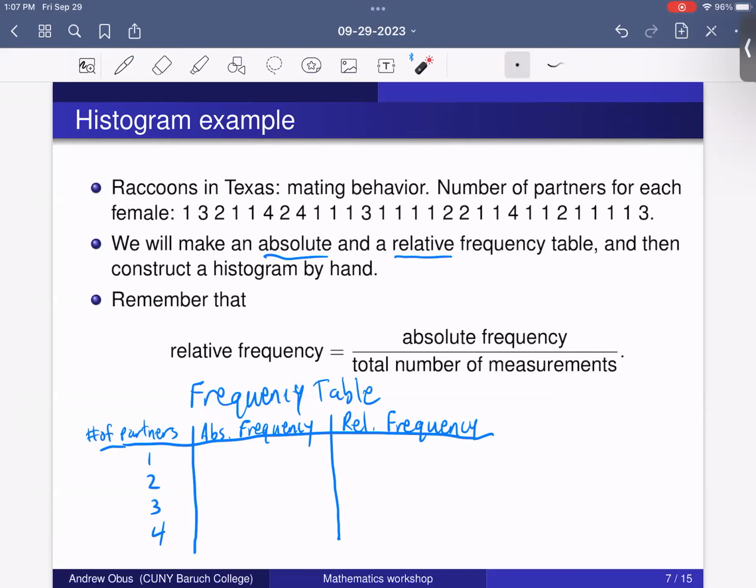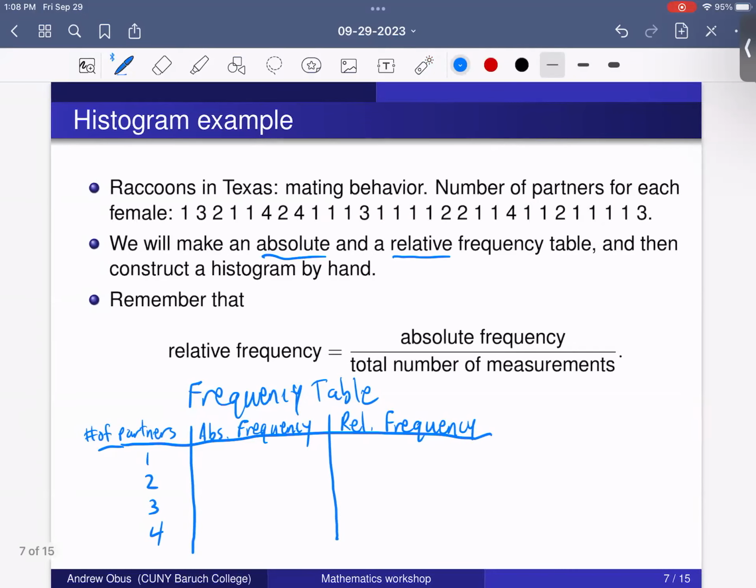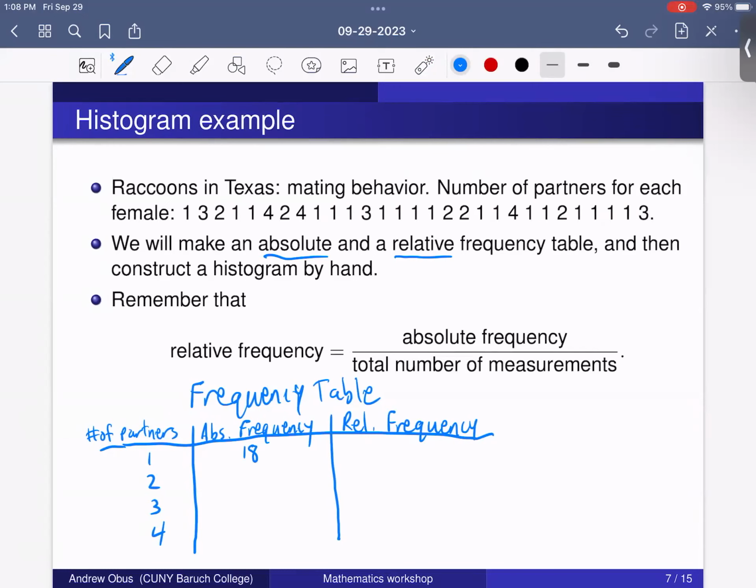So for the absolute frequency, we're just counting the number of ones. It's just the number of raccoons who were observed that were monogamous, that mated with one partner. So here we have 1, 2, 3, 4, 5, 6, 7, 8, 9, 10, 11, 12, 13, 14, 15, 16, 17, 18. So we have 18 ones over here.